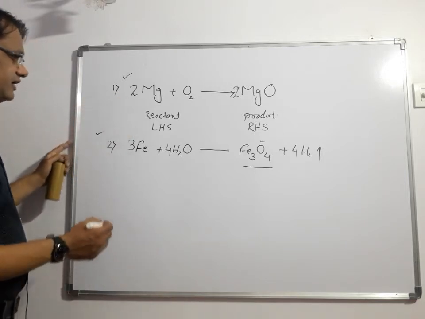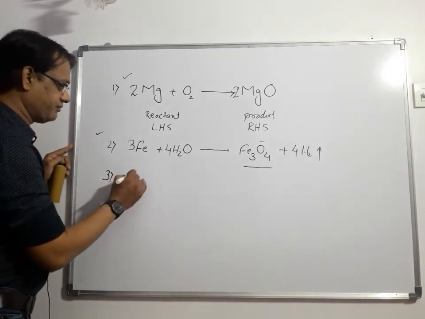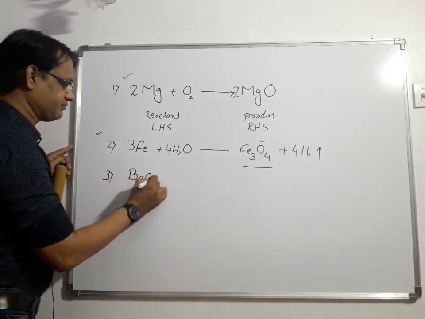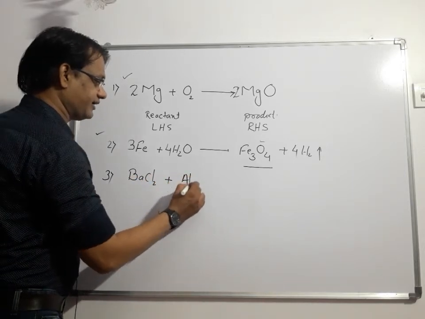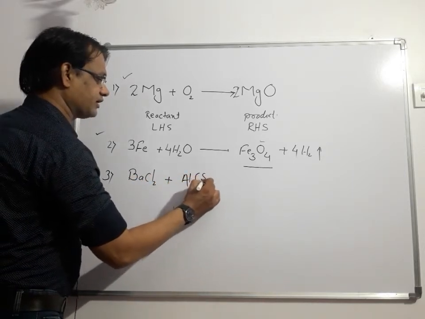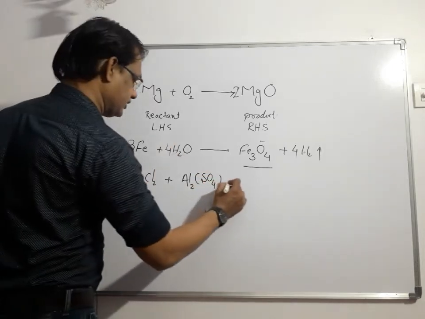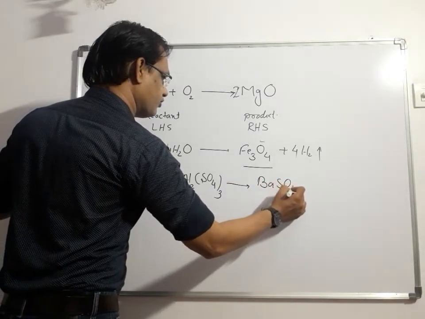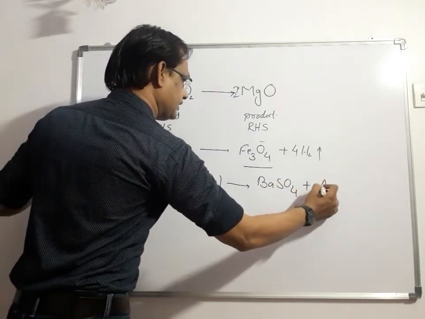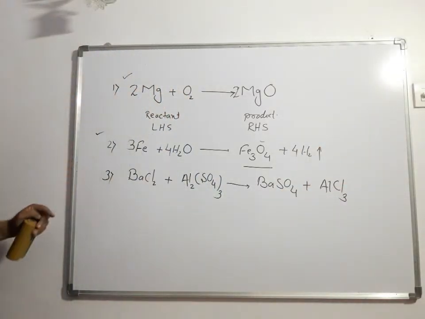Now we'll take one complicated example: the reaction between barium chloride, that is BaCl2, and aluminum sulfate, that is Al2(SO4)3, to give BaSO4 and AlCl3, that is aluminum chloride.